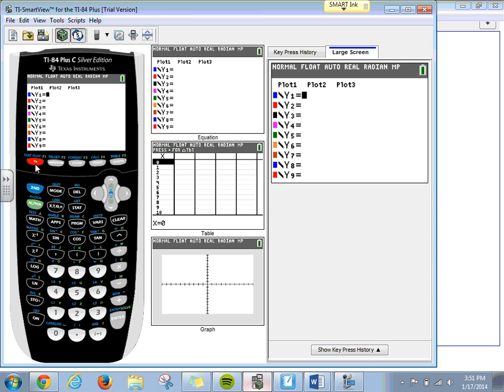There we go. We're at my y equals screen, and I'm going to plug that in. Now you can leave it as a fraction, but really it's just negative 3 divided by 5 times x, and then plus 18 divided by 5.